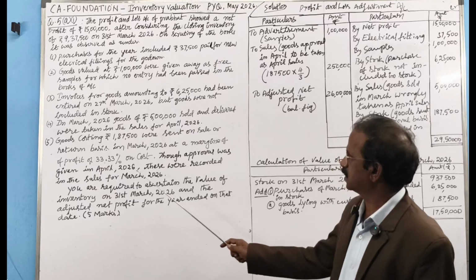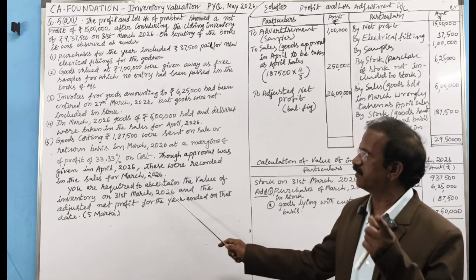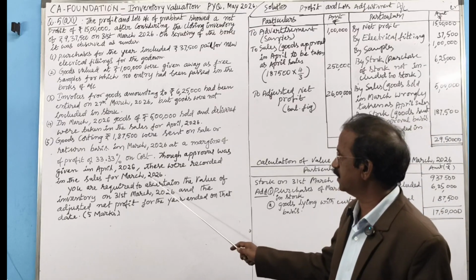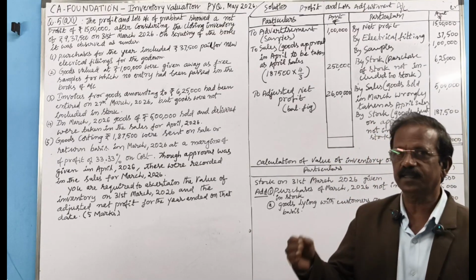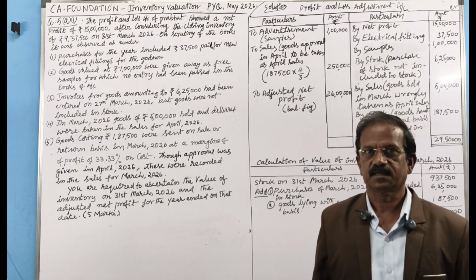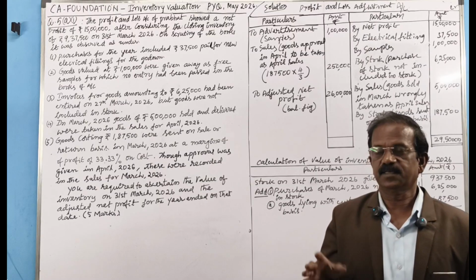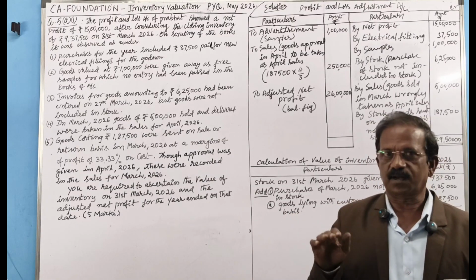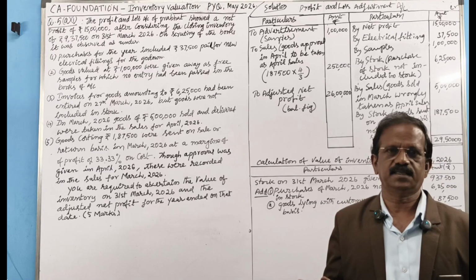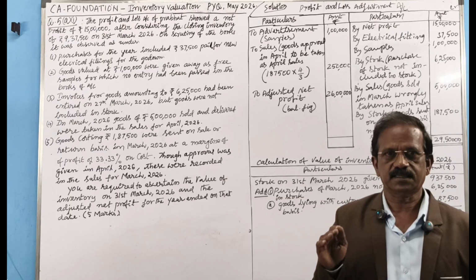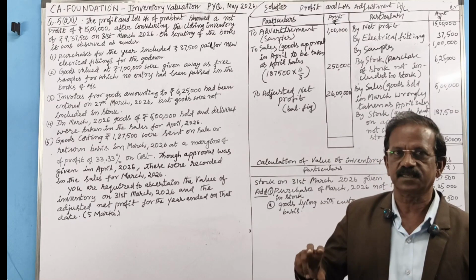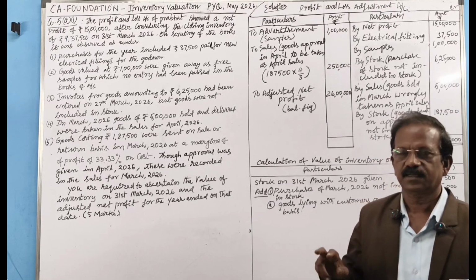Though approval was given in April next year, these were already recorded in the sales for the March. But these were not approved. Since these were not approved at the time of preparation of final accounts, that pending sales should be cancelled.